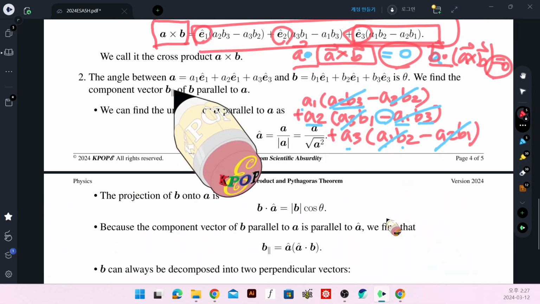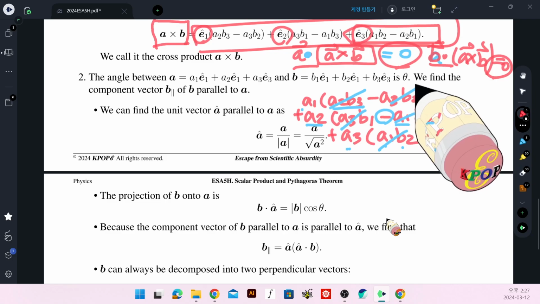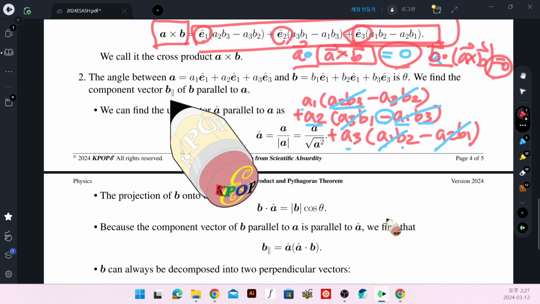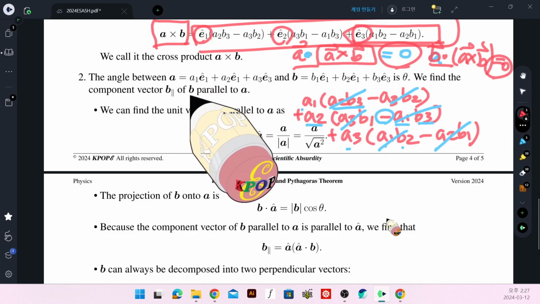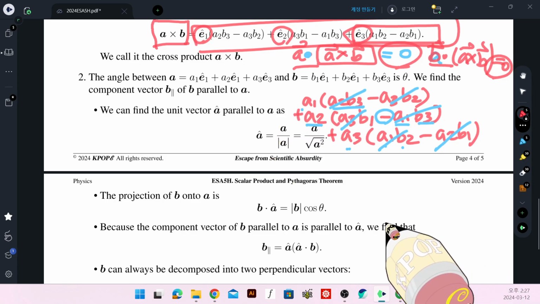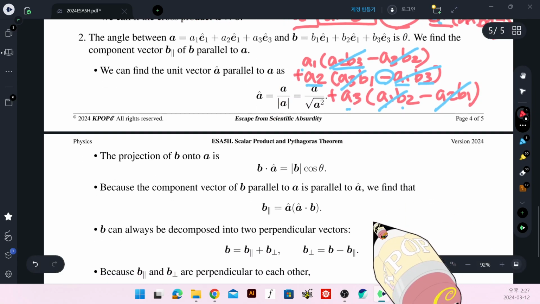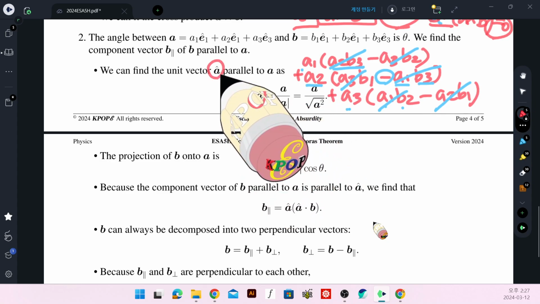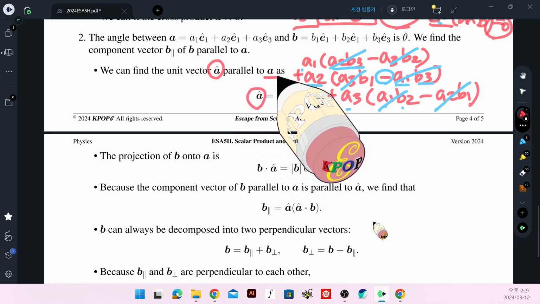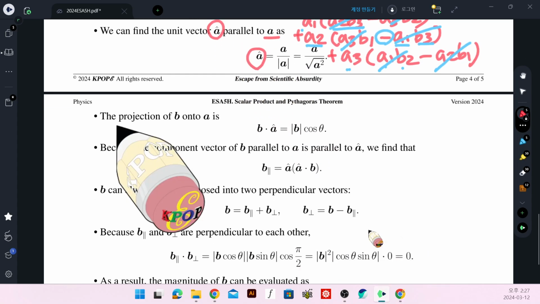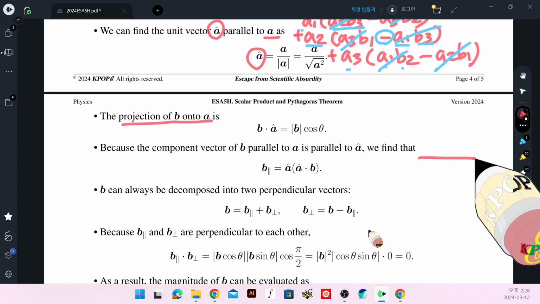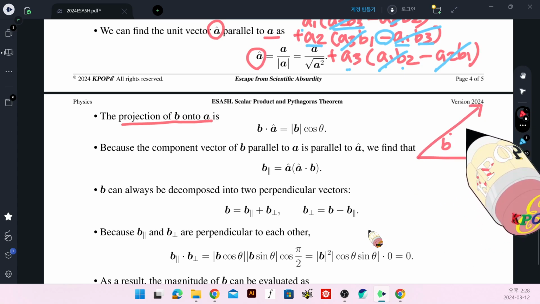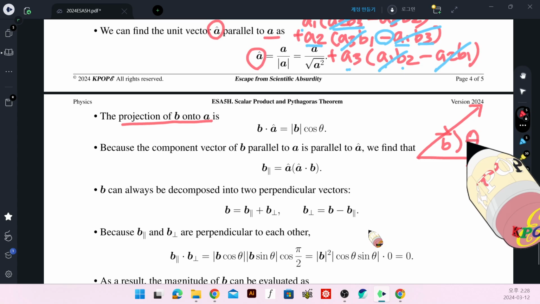The angle between A and B is theta. We find the component vector B parallel, that is the component of B parallel to A. Let's find it. First, we define the unit vector A hat, that is the unit vector parallel to A. Okay, projection of B onto A. We have A and B, and we have a B vector and angle theta.